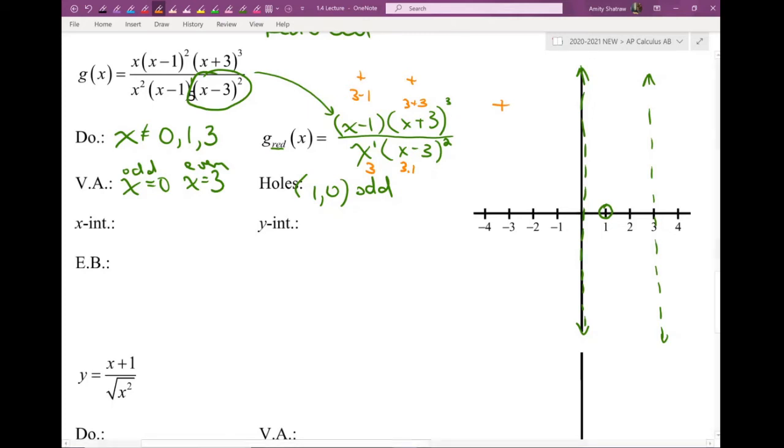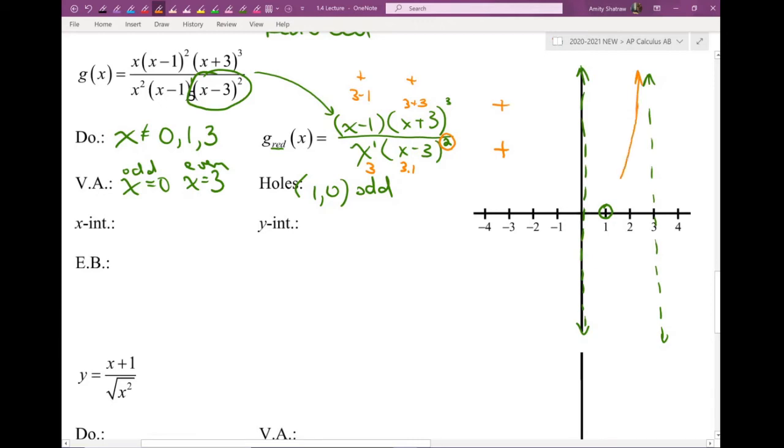It doesn't matter if I pick 3.1 or 2.9, because down there in the bottom, I'm squaring it. With 2.9, it would have ended up with a negative number, but then when you take a negative times a negative, you end up with positive. So I get positive behavior on top and on bottom when I'm plugging these numbers in. And that means that I know, ready, that it goes up like this.